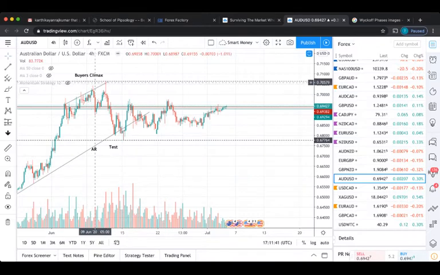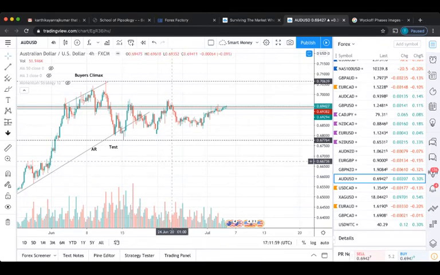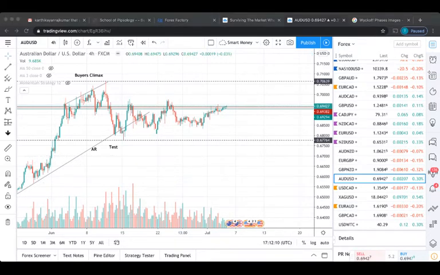We got this buyer's climax, we have this range, it could push further and then have a test and then go up. And this is all in the reaction of reading these charts. So right now I think this one is playing out. I don't think that we have a full grasp on this one yet. But I do see something developing here in the Australian dollar versus the US dollar.